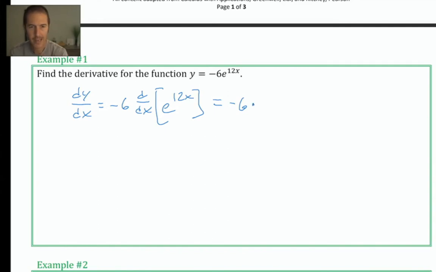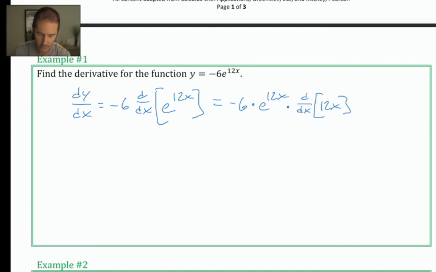Now let's take the derivative of e to the 12x. What we just saw above is that this equals e to the 12x, and then we have to multiply by the derivative of the exponent 12x.